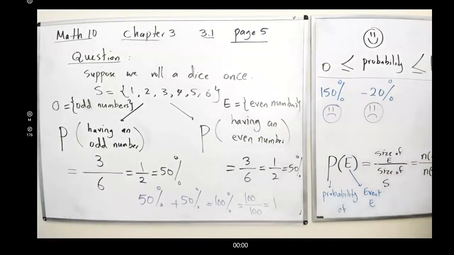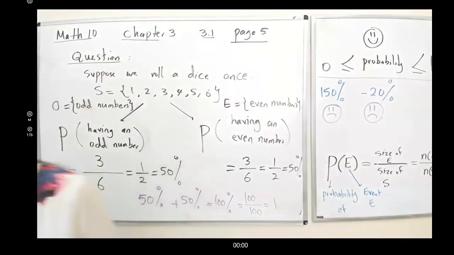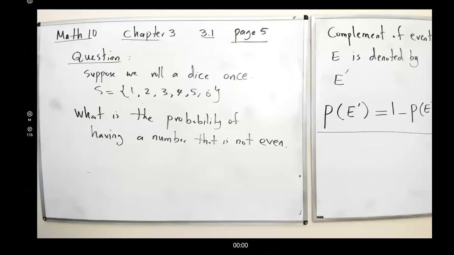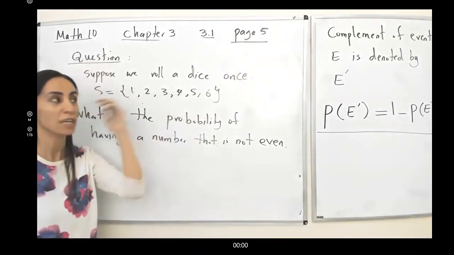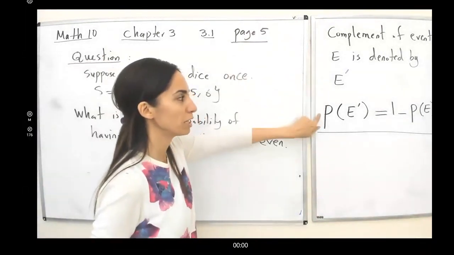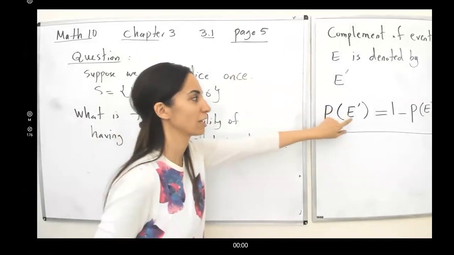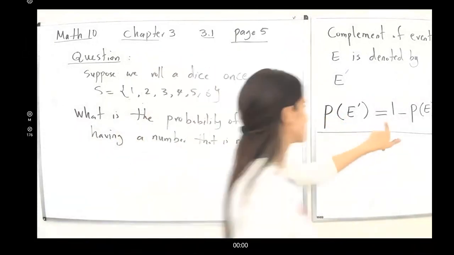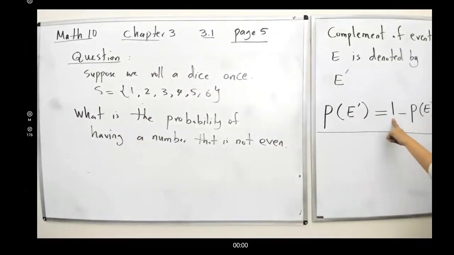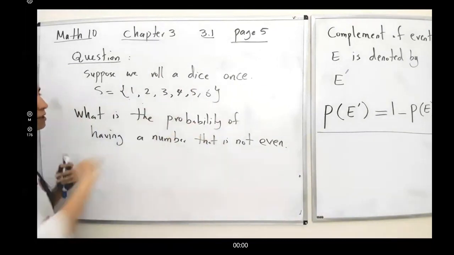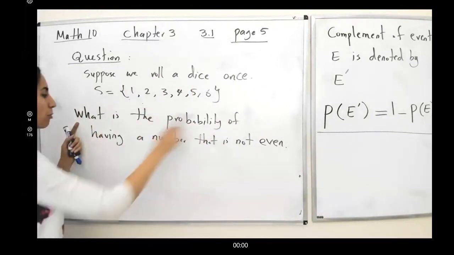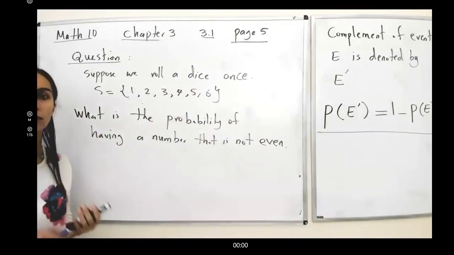And I have a question. And what is the odd number and even number? Very good. So the complement of event E is denoted by E prime. The probability of the complement of an event is 100% minus the probability of the event. So in this example, what is the probability of having a number that is not even?